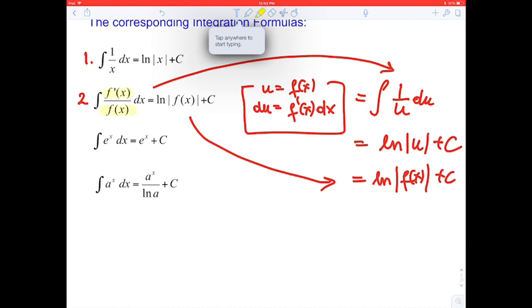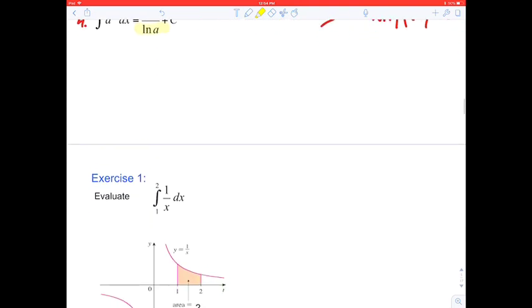Now the third formula is relatively easy. The integral of e to the x is just e to the x, and the integral of the general exponential function a to the x is also a to the x, but we have to remember we are dividing by ln of a. Those are our formulas, so let's use them.